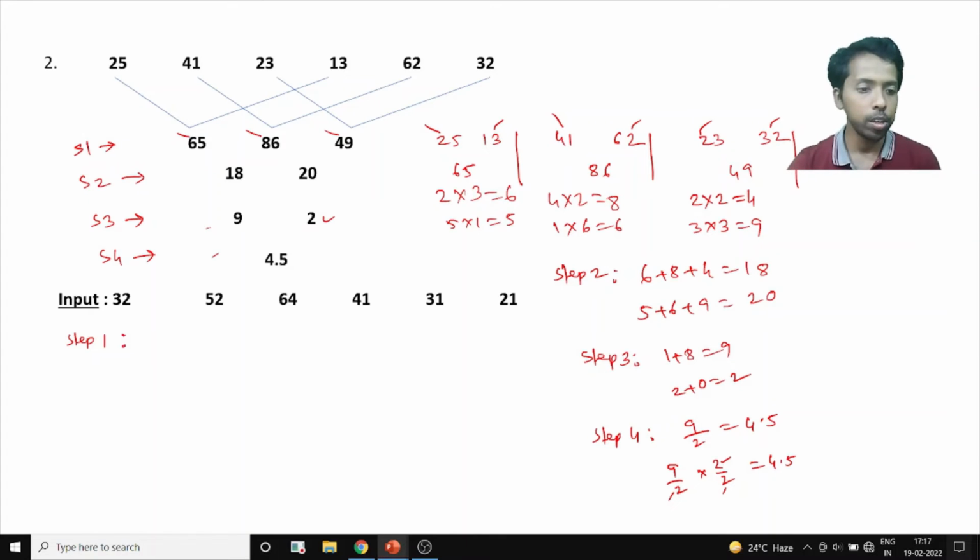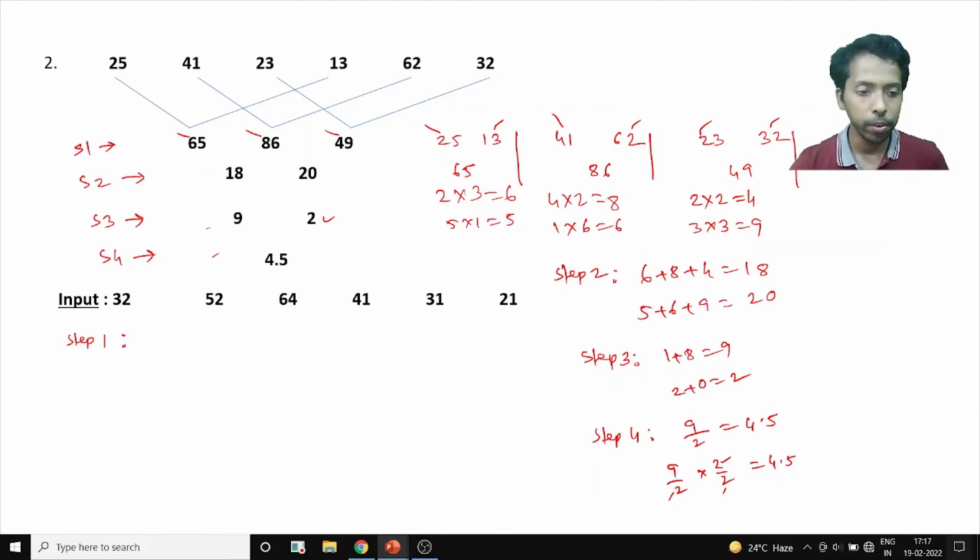Okay, now moving to solve this question here, that is input 32, 52, 64. Thirty-two, 52, 64, 41, 31, and 21, right?